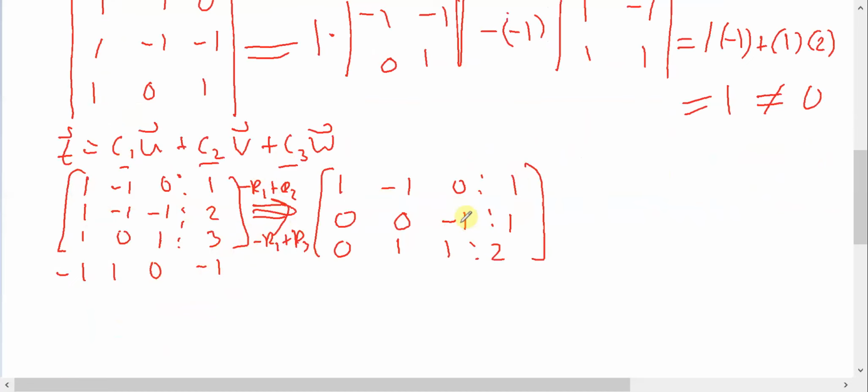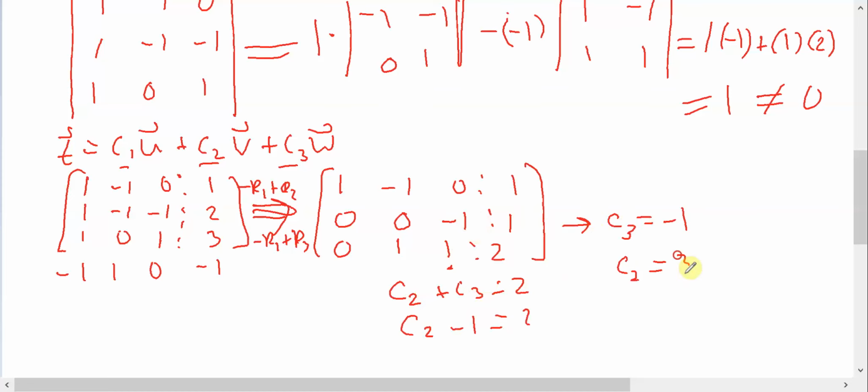I'm done now. You can switch these two rows if you want, but right here, this equation tells me what C3 is. So from this one, negative C3 is 1, so C3 is -1. And if C3 is -1, from this one, I got C2 plus C3 equals 2, which means C2 minus 1 equals 2, so C2 is going to be 3.